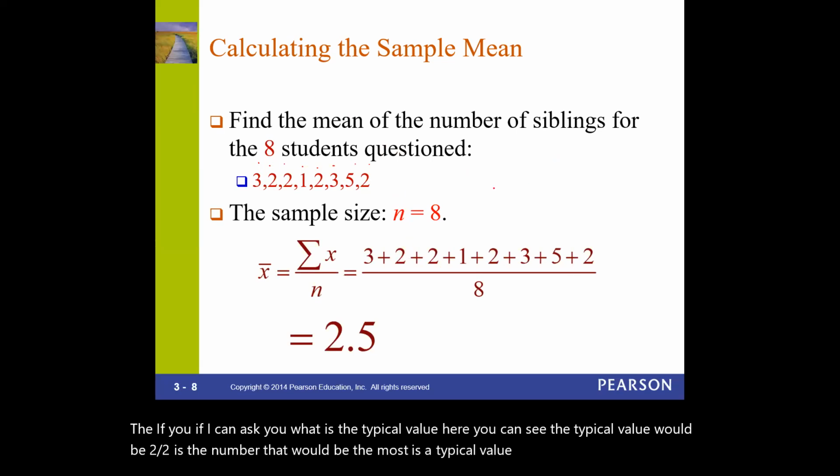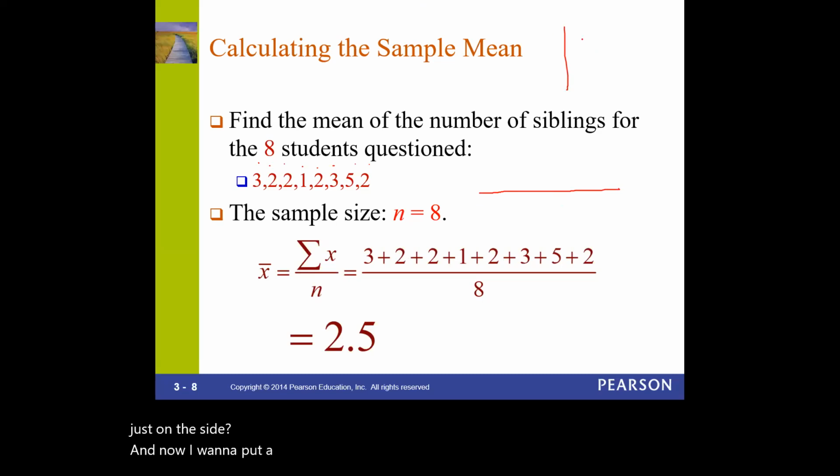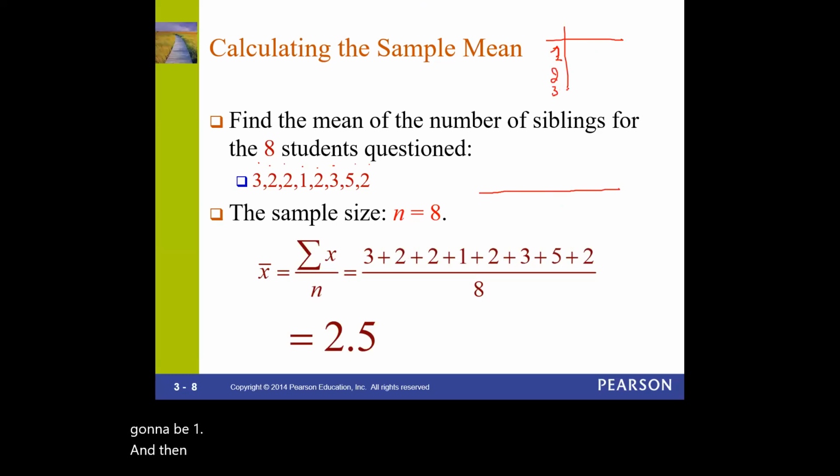If I have to do the bar graph for it, just on the side, let me do a small table so I can do it quickly. I put 1, 2, 3, 4, and then 5.